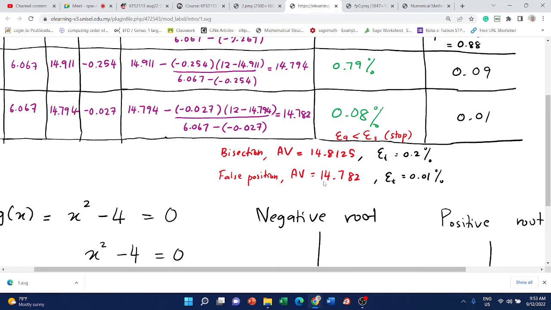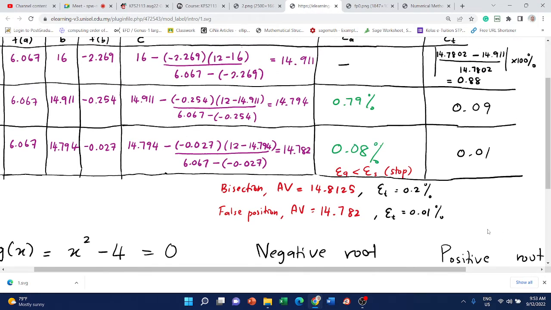So the value we compute using false position is closer to the true value compared to the bisection. Do you get this one, the relative error?